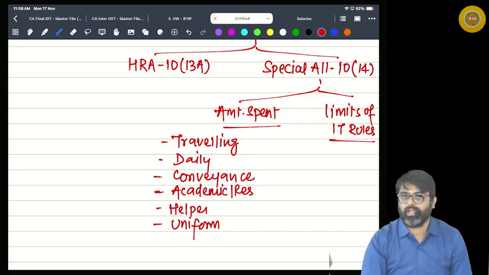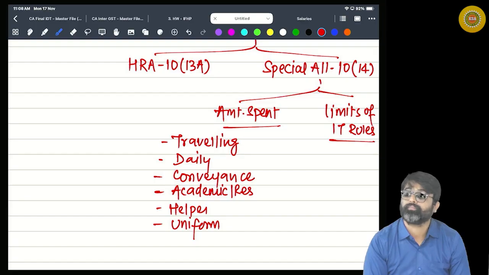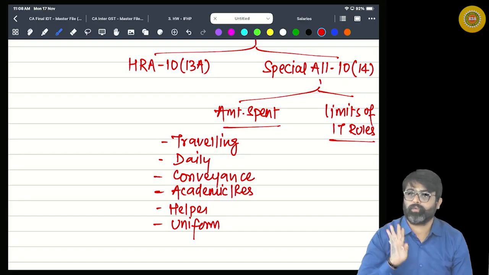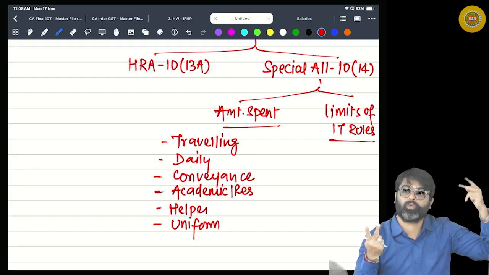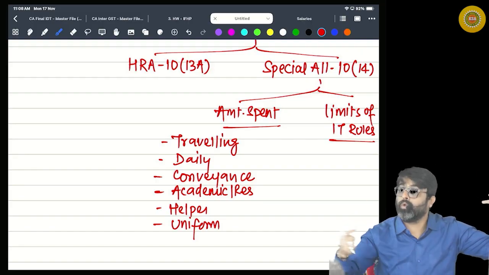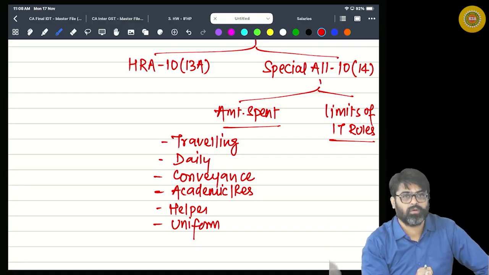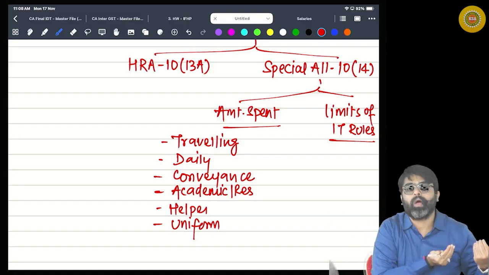But what if the traveling allowance given was 2000 per month and you are spending 2400 per month? My first question, how much did you get? Can I say you have spent 2400, meaning that this entire 2000 is spent? Fully exempt. The extra 400 which you have spent is not given by the employer.